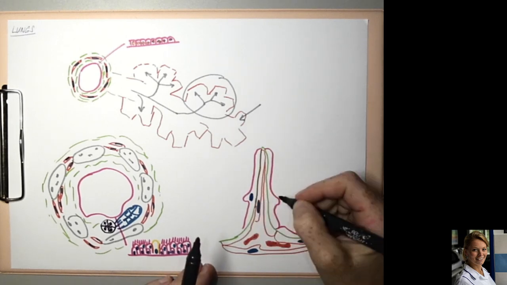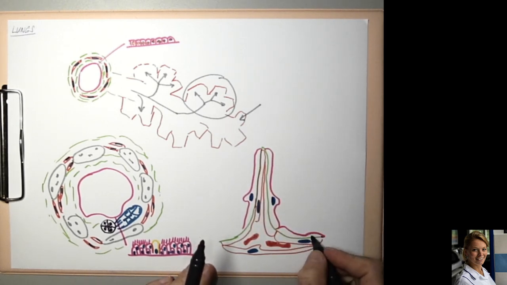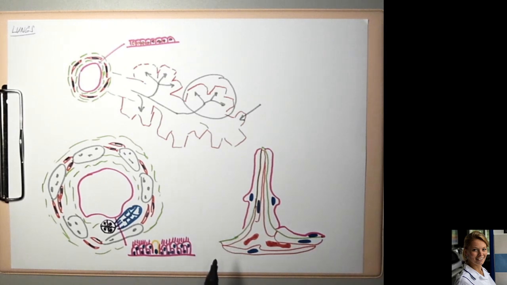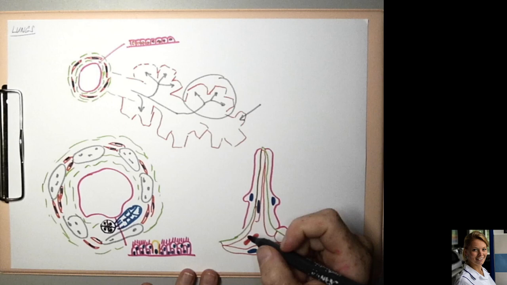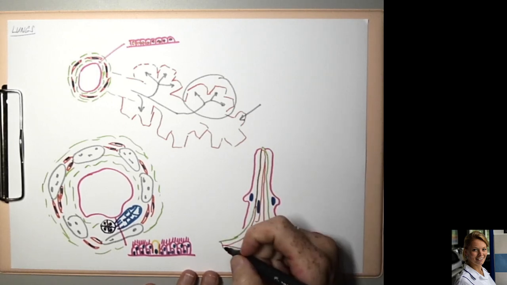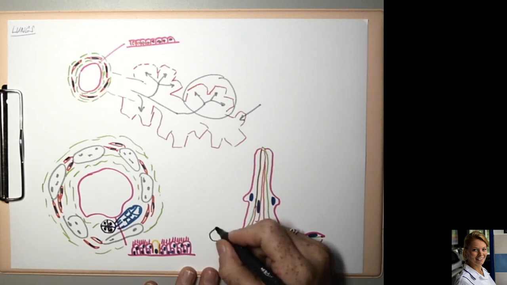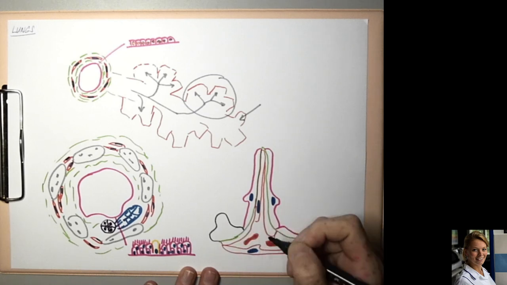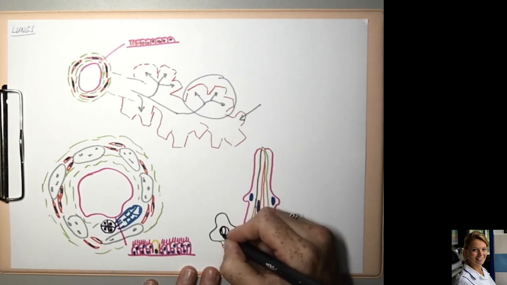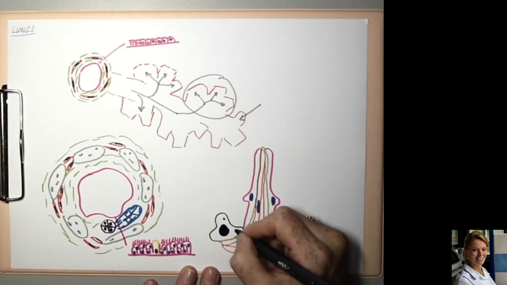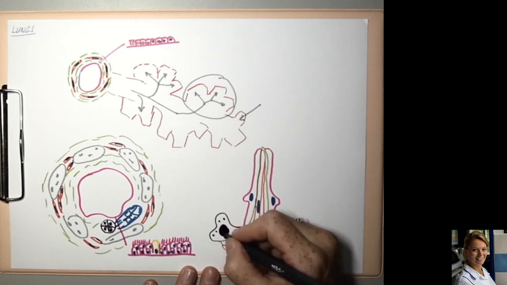So this is type 1 pneumocytes, and the alveoli are lined also by cuboidal type 2 pneumocytes with round nuclei and secreting granules which contain surfactant.